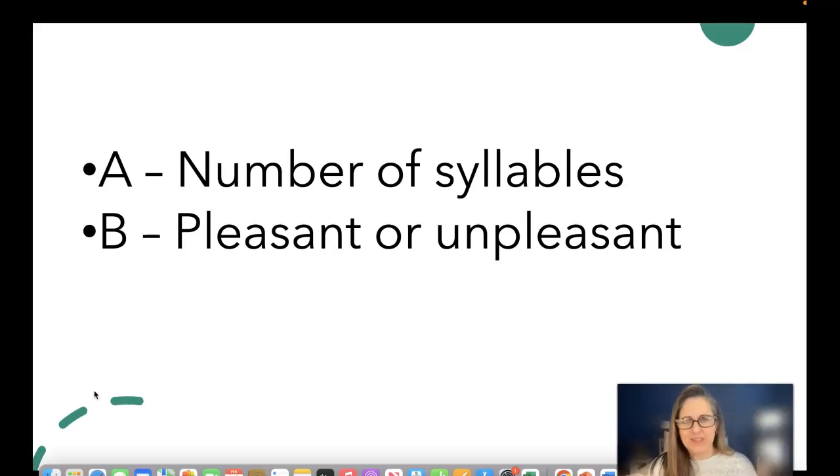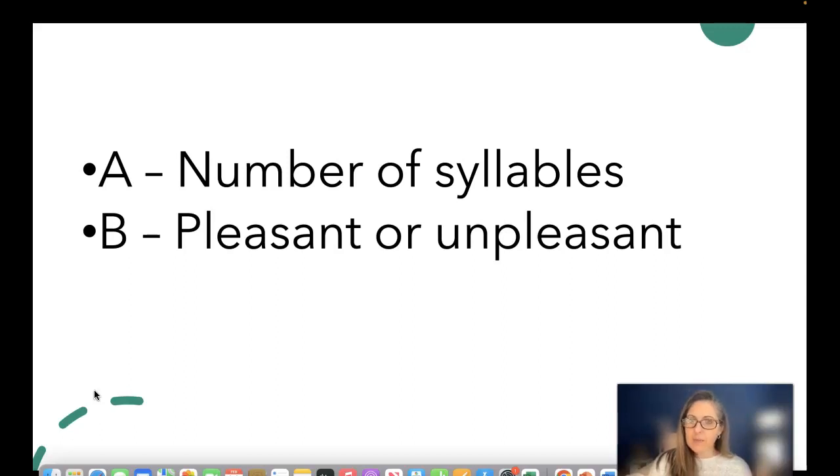Okay, here we go. Let's get started. Number 1, A, bike. Number 2, B, month. Number 3, A, magic. Number 4, B, foot. Number 5, A, monkey.